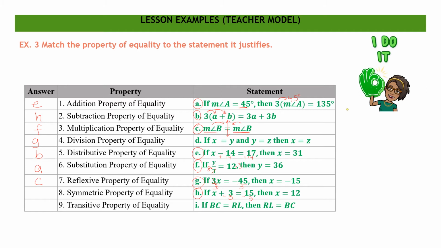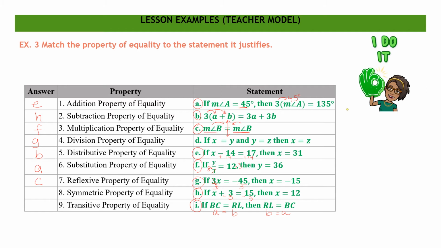So if I look at these examples, E will be the best example of that. If BC equals RL, then RL equals BC. That means that if A equals B, then B equals A. That means if I have a banana that equals an orange, then that orange equals the banana.